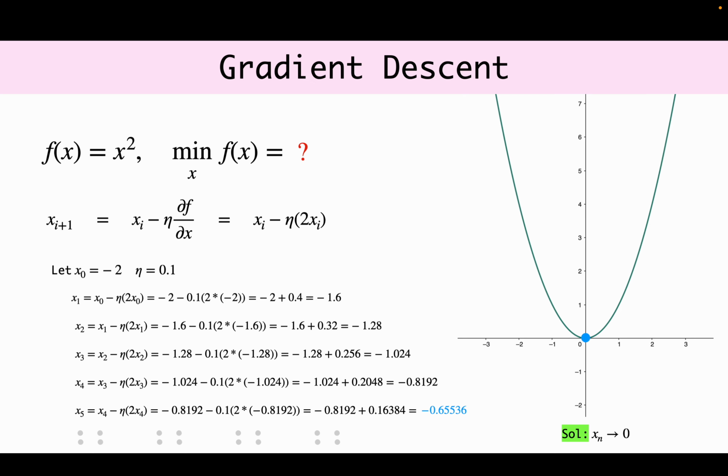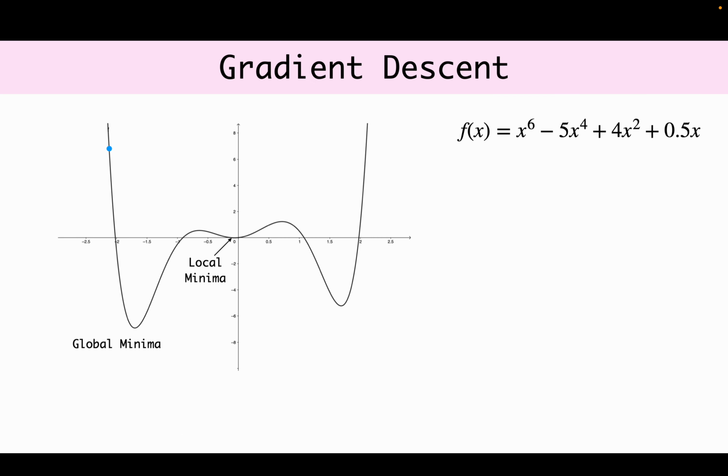Let us see a case where the function is not convex, which means the local minima and global minima are not the same. By seeing the figure we can say that the global minima is here. But what if you start the point from here? If you start from here, we eventually settle at this local minima, which is definitely not the solution we want. We usually expect a global minima.